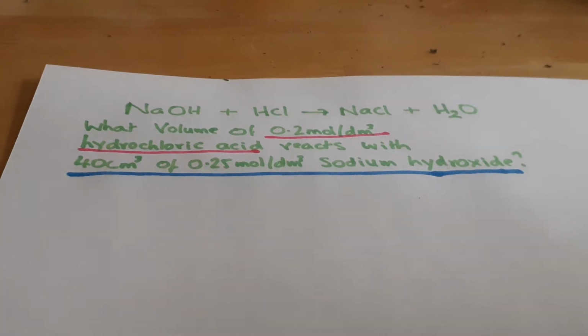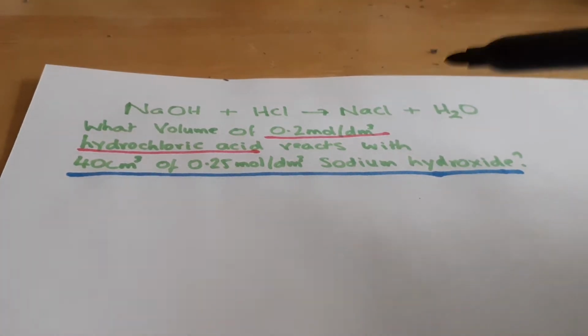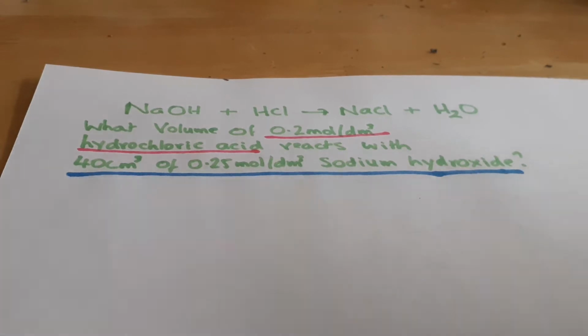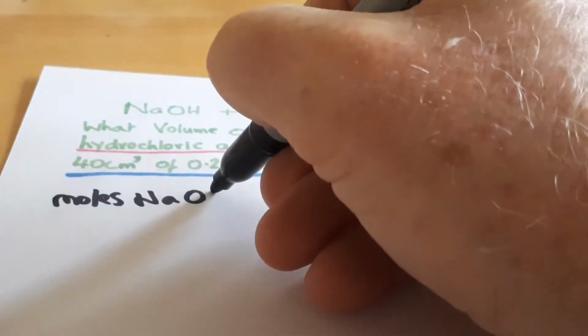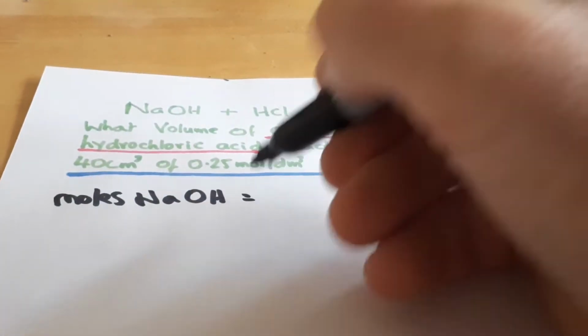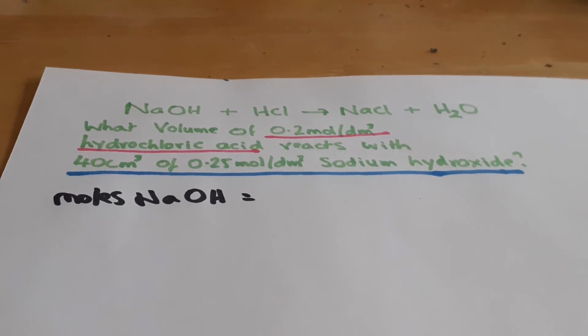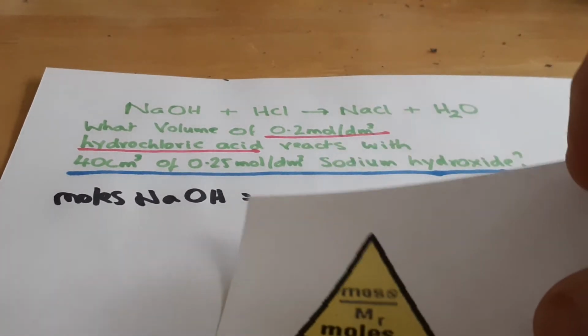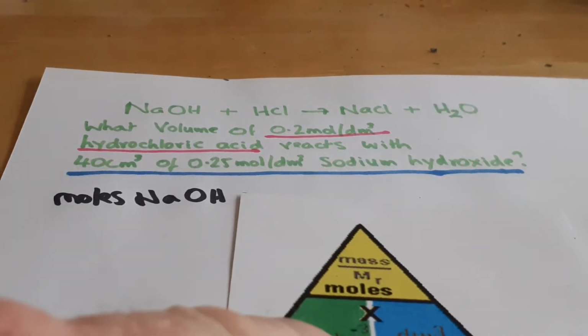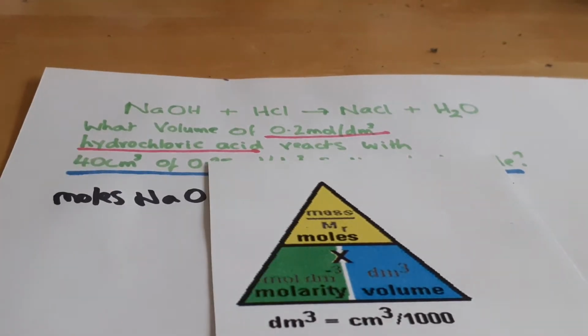So first of all, because we've got volume and concentration, we start with sodium hydroxide. Moles NaOH equals, basically, using this equation: moles equals molarity or concentration times volume.